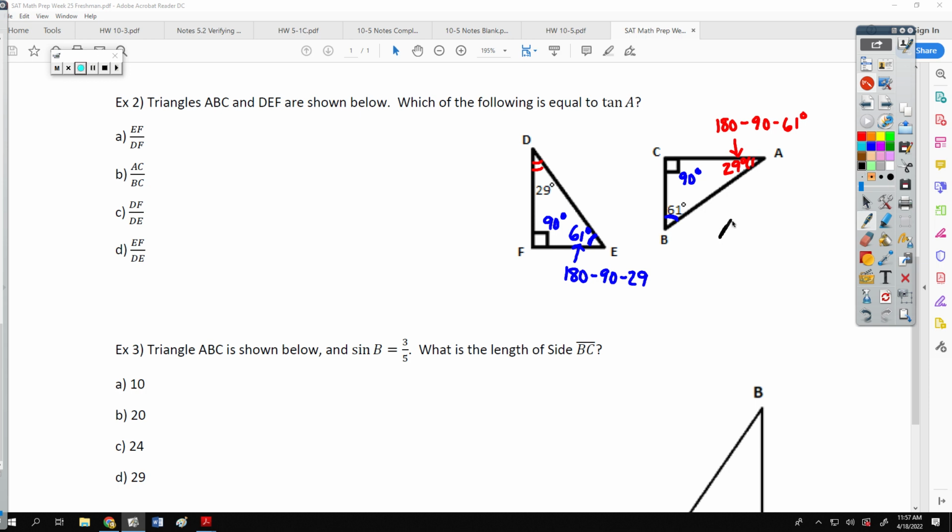So we're looking at a set of similar triangles here. Triangle ABC is similar to triangle DEF, which means that because they both come first in the name, the trig values of A have to equal the trig values of D.